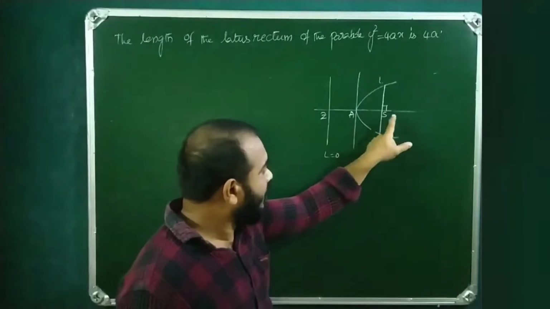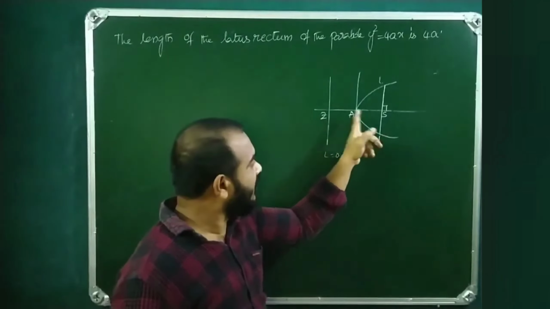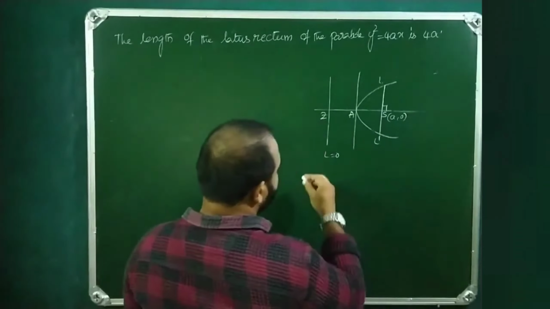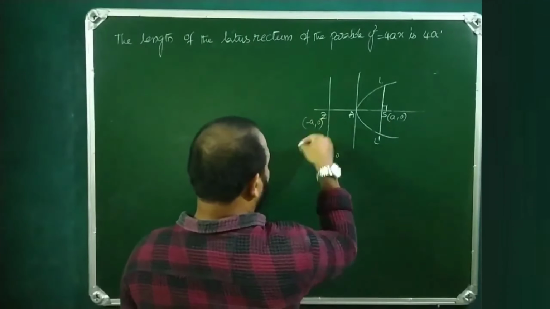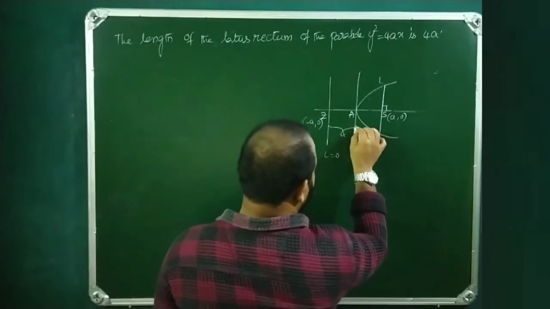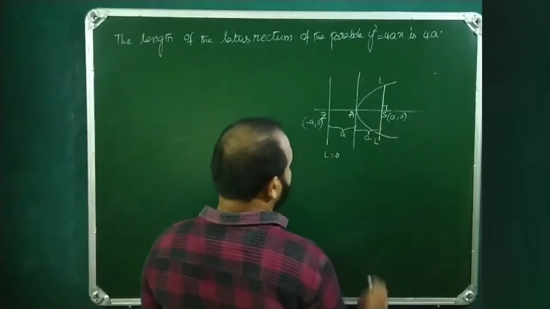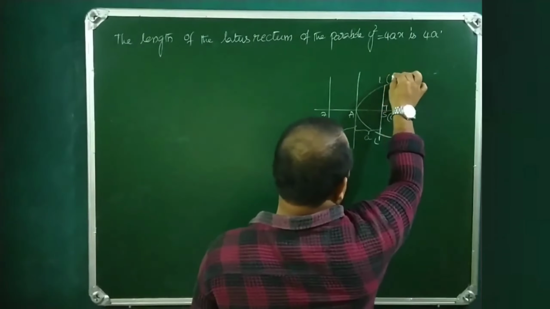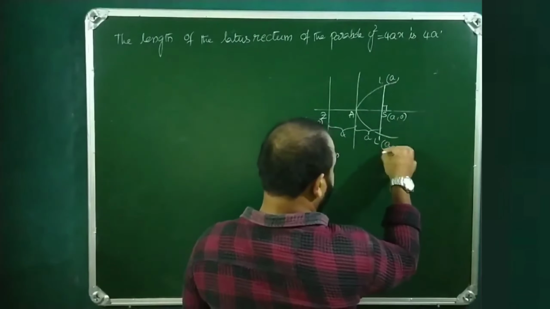So ZA equals AS. A is the midpoint of ZS. This is (a, 0), and this is (minus a, 0). A is the midpoint, therefore this is a as well as this is also a. So if it is (a, 0), then this would be (a, something).